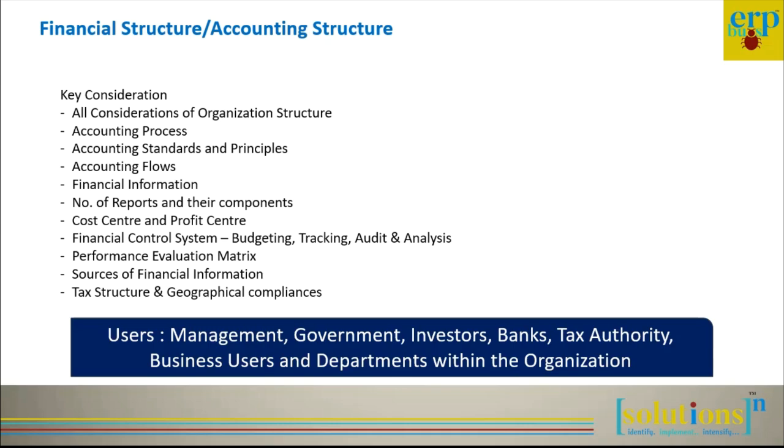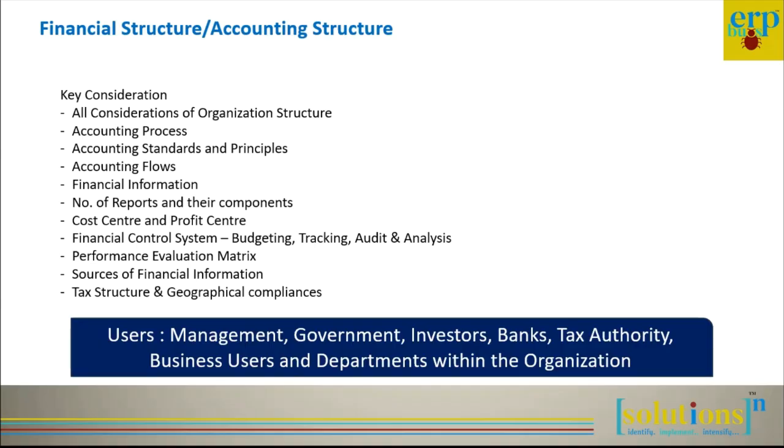So these are the key considerations that you should have when you are designing your financial structure or accounting structure. And the users are again the management, and here the addition is the departments within the organization.